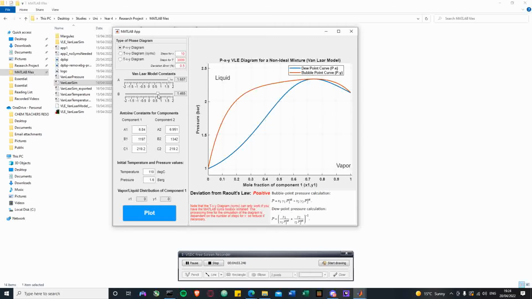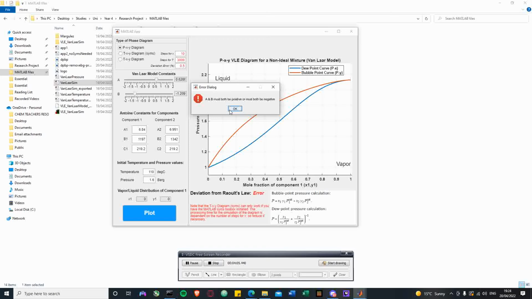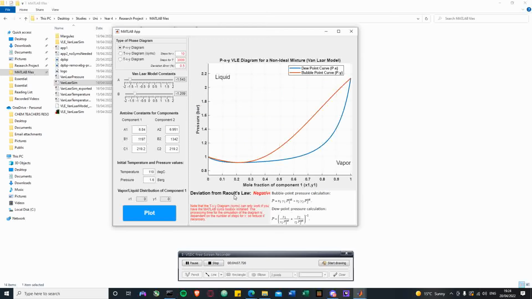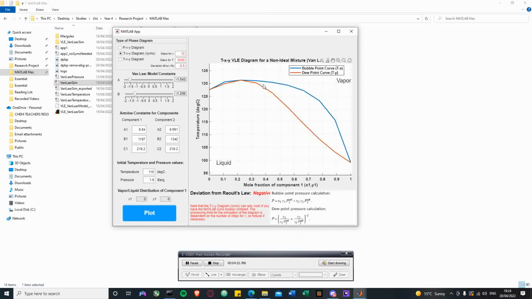The problem arises when we have the TXY diagram. If we plot the TXY, you'll notice that once we click it and press plot, it takes some time to return our graph.